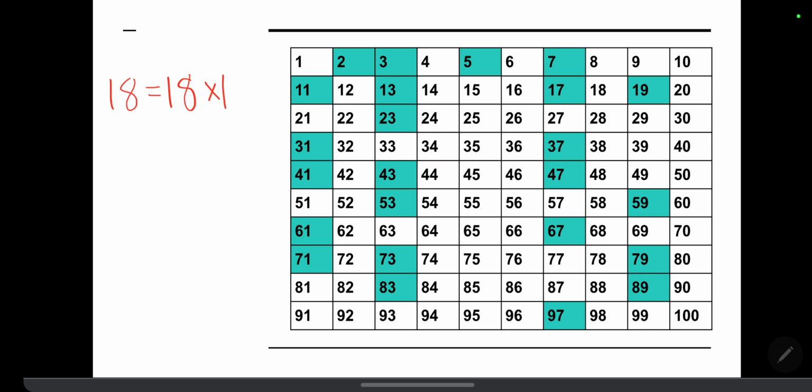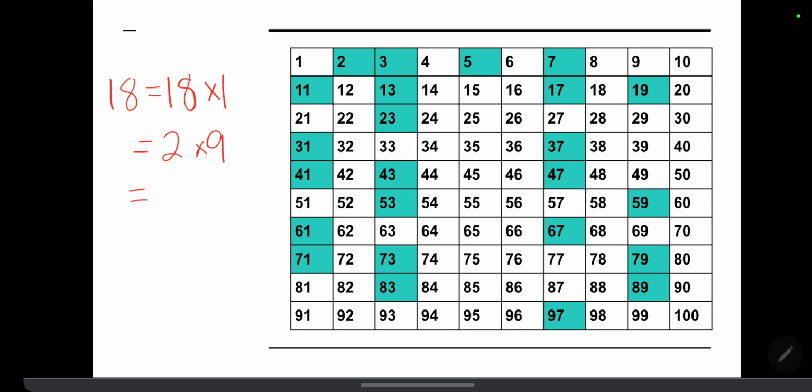Factors 18 and 1, itself and 1. But we can break down 18 and make another one. So how about 2 times 9? These are also two factors of 18. I know 9 is also a composite number.